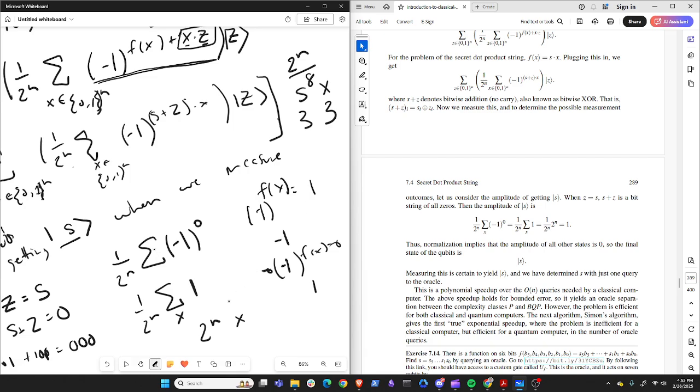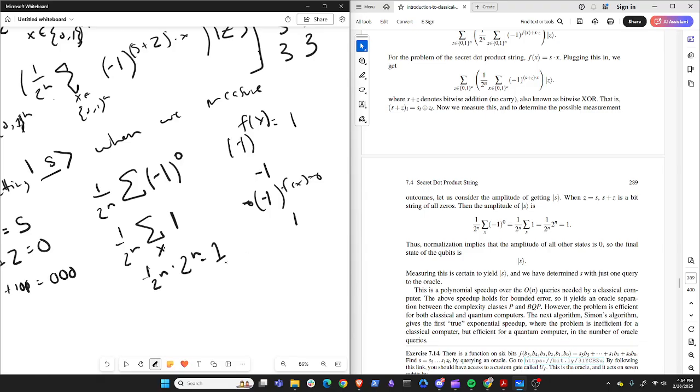We'll have 8. So we know that this decomposes into 1 over 2^n times 2^n times 1. 2^n times multiplied by 1 over 2^n just gives us 1.